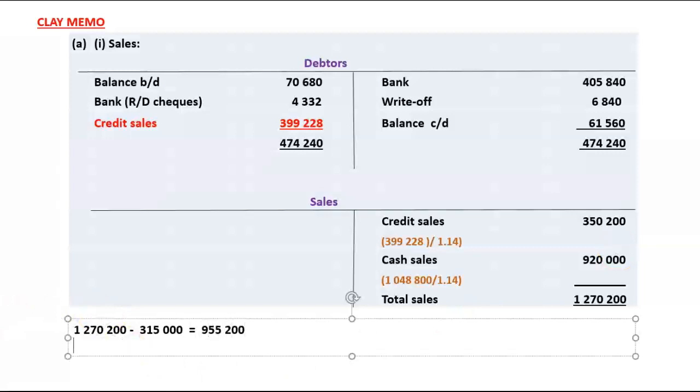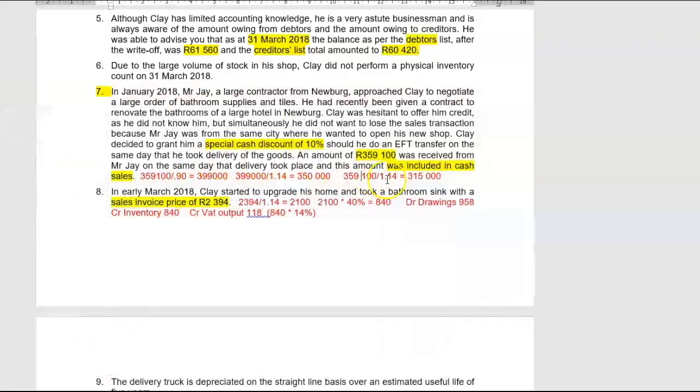Then we say, okay, if we now convert that 315,000 worth of sales into a normal selling price, what would the normal selling price have been? And here we've worked it out. We said that represented 90% of the normal selling price, but remember to take out VAT.